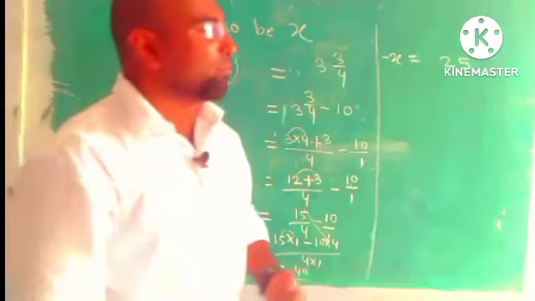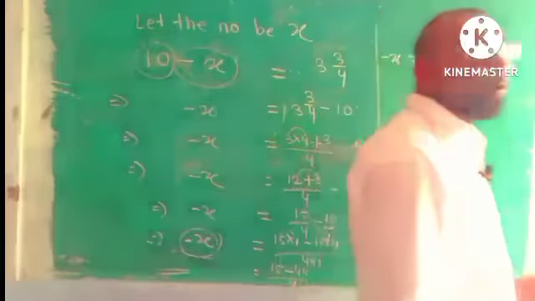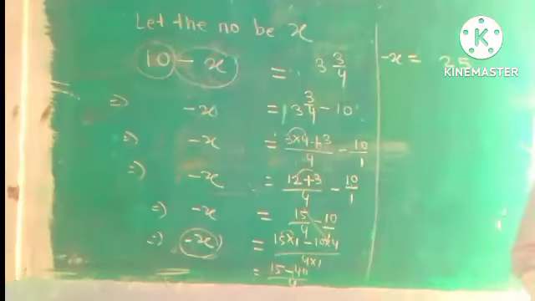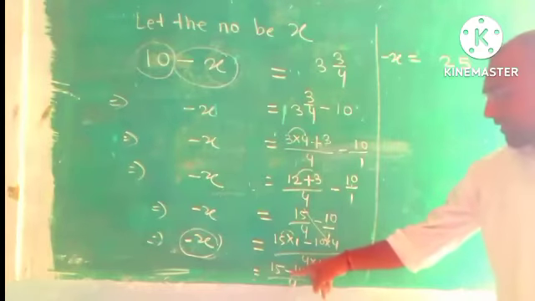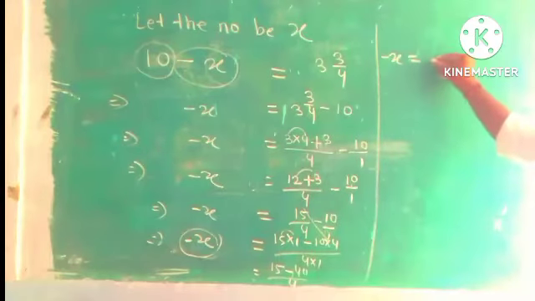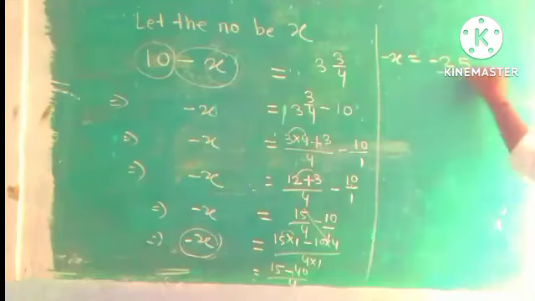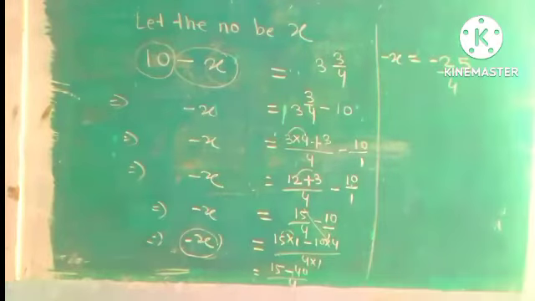And what's the condition? Whatever the sign is before the greater number, बड़ी संख्या के सामने जो भी चिन्ह है वो वाला चिन्ह लिखना है. So 40 is greater, and before the greater number what's the sign? So what do we have to write down? Minus. Divided by 4. Up to here is clear.